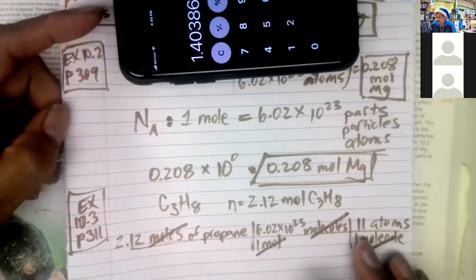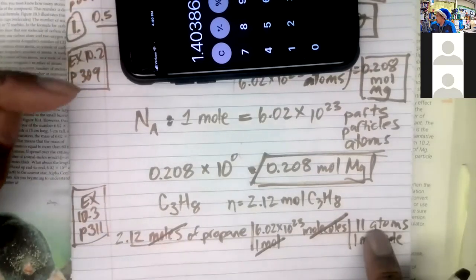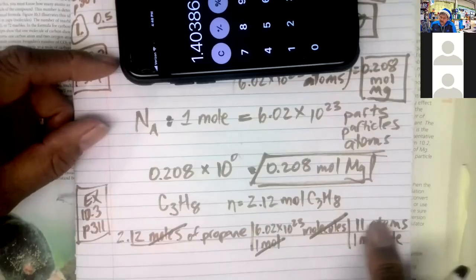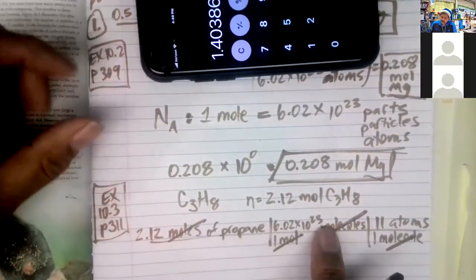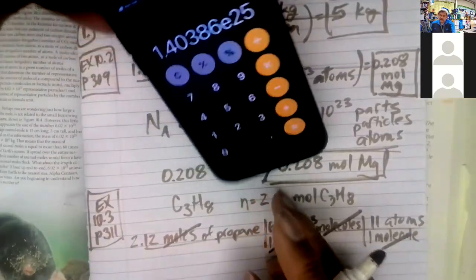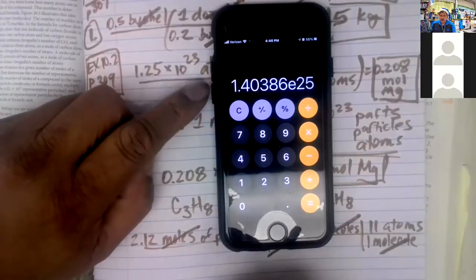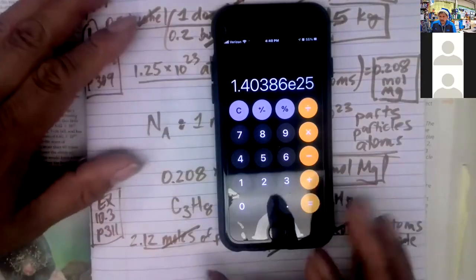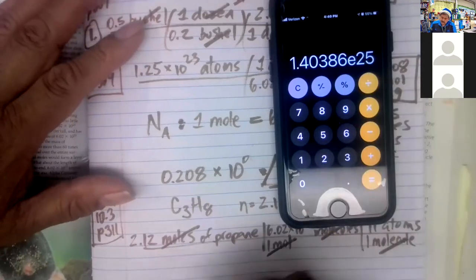Those are exact numbers because you counted exactly 11 atoms in a molecule. So that doesn't count for sig figs. We have 3 there. We have 3 there. So our answer needs to be in 3 significant figures. So it's 1.4, and drop the rest, times 10 to the 25th power.